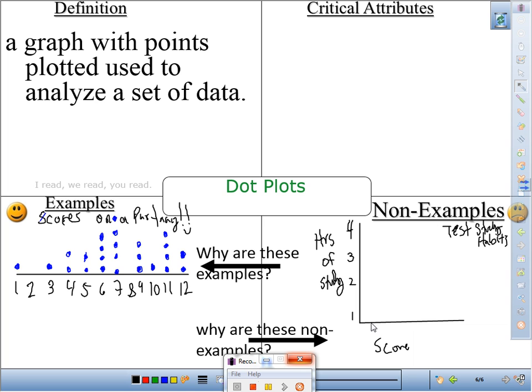And I'm going to go with scores in tens. 10, 20, 30, 40, 50, 60, 70, 80, 90, 100.